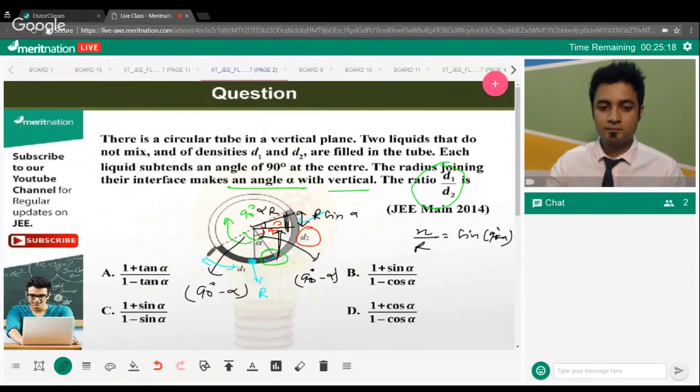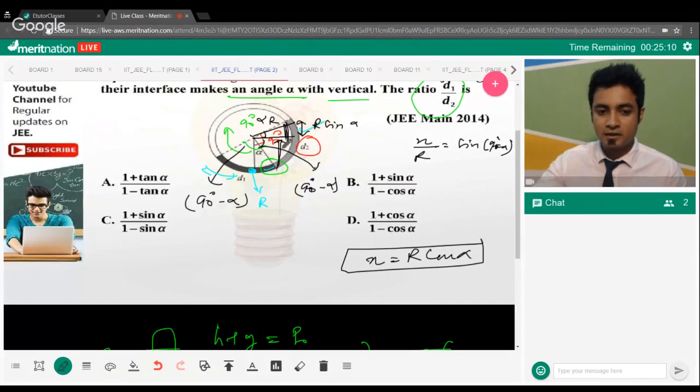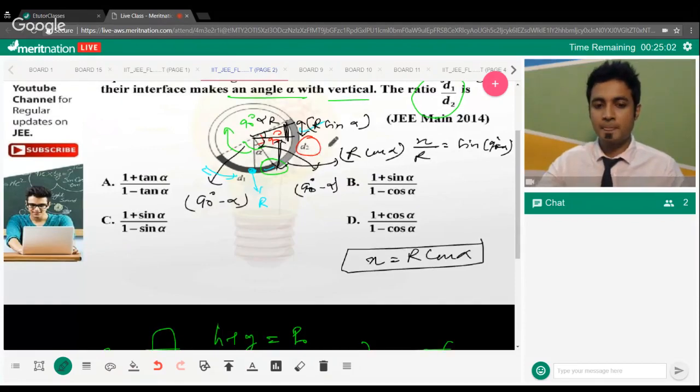So x equals R cos alpha, right? So this height will become R cos alpha, and this will become R sin alpha.